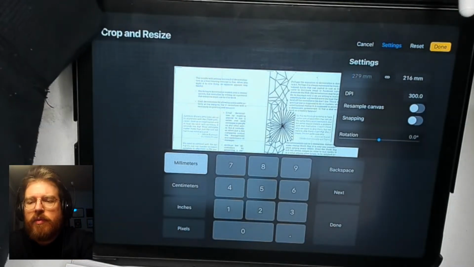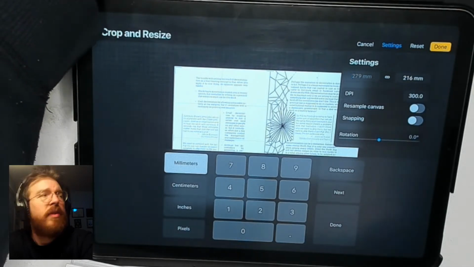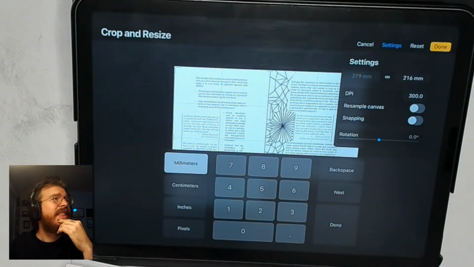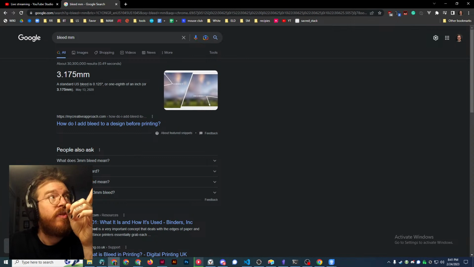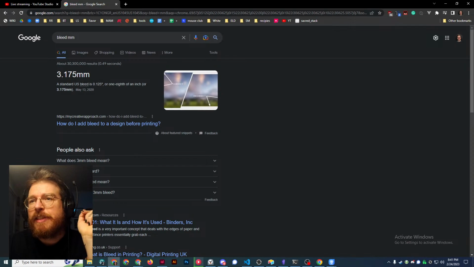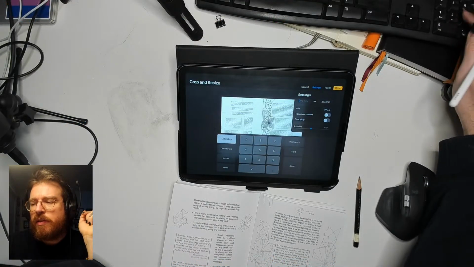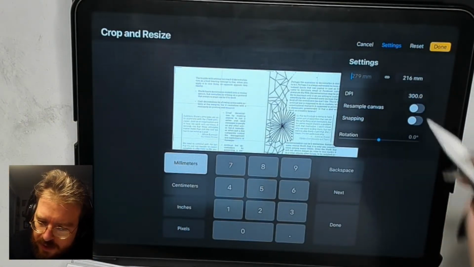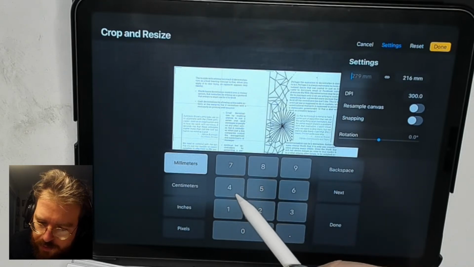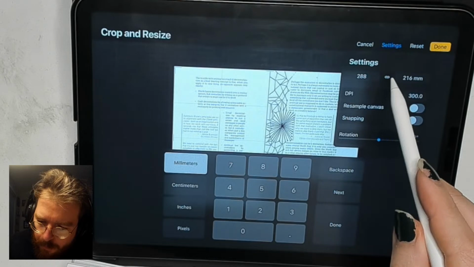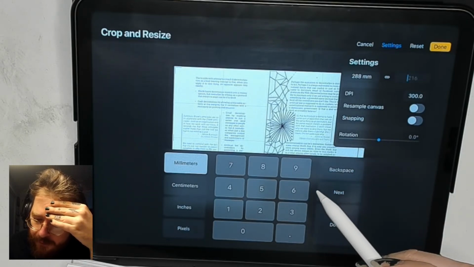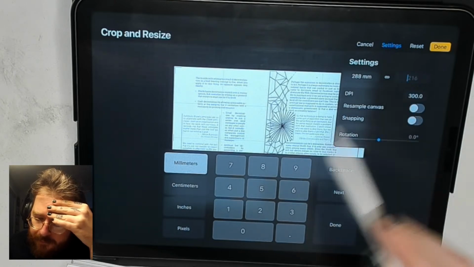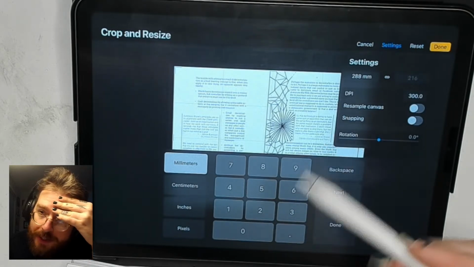Bleed is what? .175. So I think 16 plus 4 on each side.